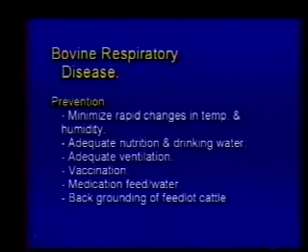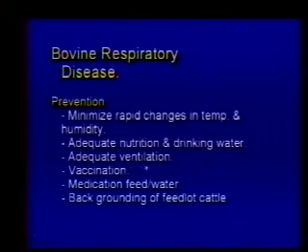So we want to minimize any rapid changes in temperature and humidity through proper building design and construction. We want adequate nutrition that is high in protein, energy, vitamins, and trace minerals, ample drinking water that is fresh and clean, and adequate ventilation.